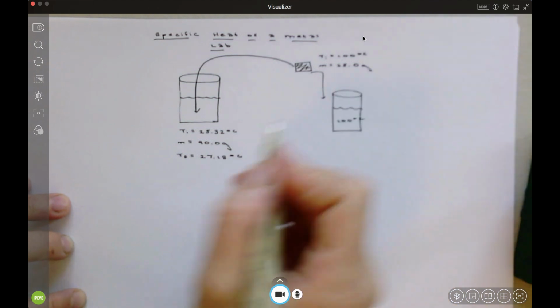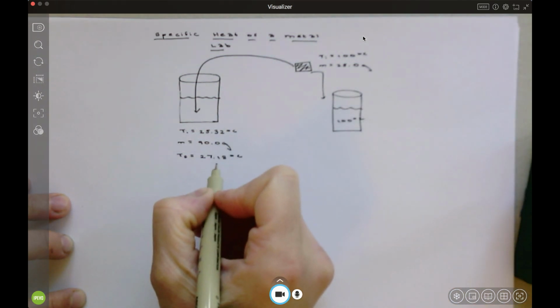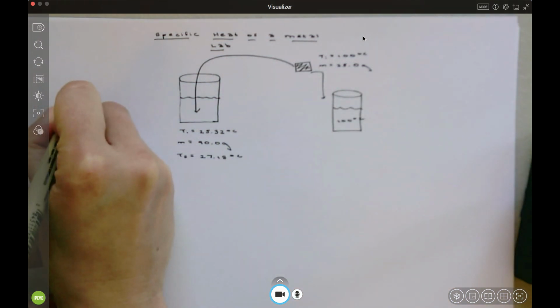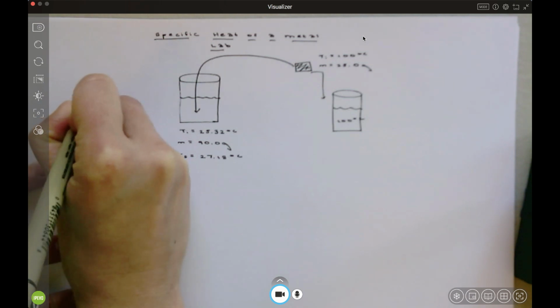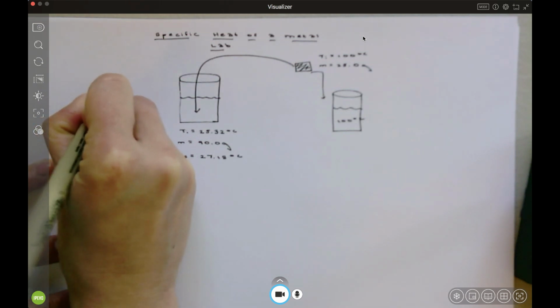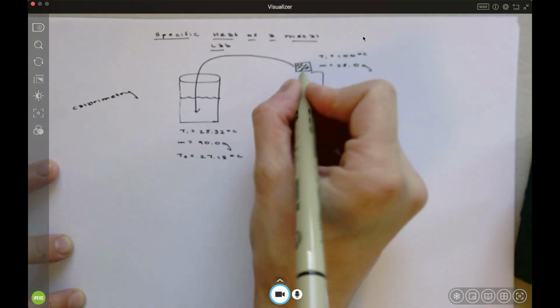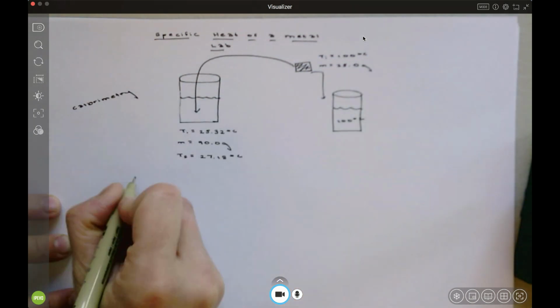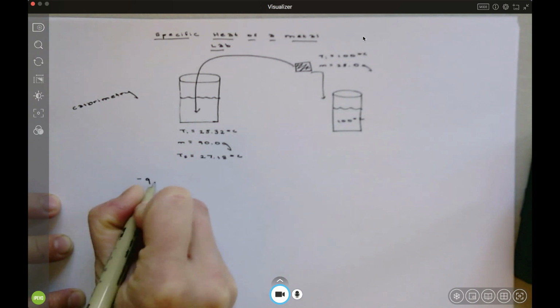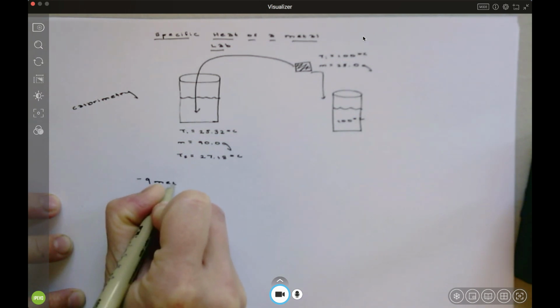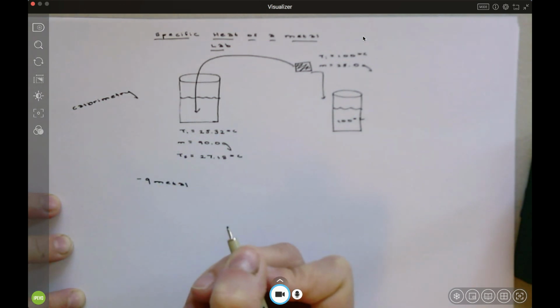Now, the whole crux of this laboratory technique of calorimetry, which is what we are using, is the assumption that all of the heat that the metal releases, so the metal is going to release heat, and we're going to represent that with a negative Q. We're going to assume it loses that heat.